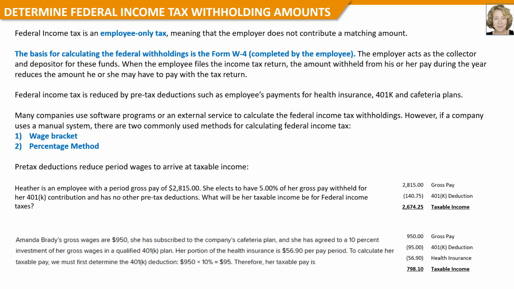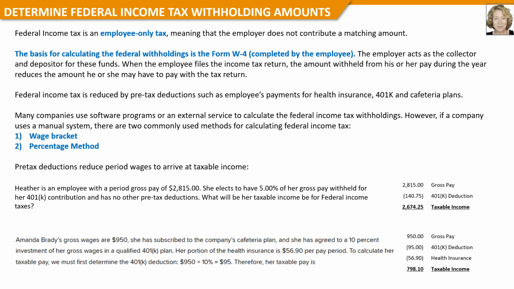What about the next example? Amanda Brady has gross wages of $950. She subscribed to the company's cafeteria plan, and she has agreed to a 10% investment of her gross wages in a qualified 401k plan. Her portion of the health insurance is $56.90 per pay period.